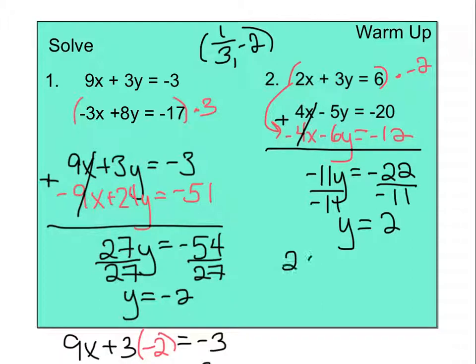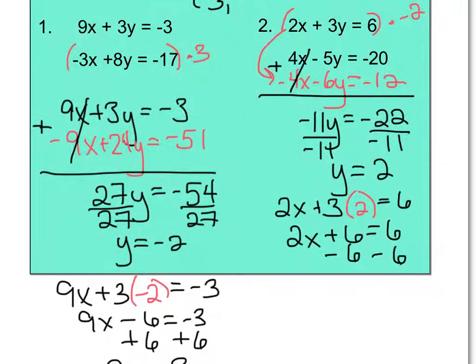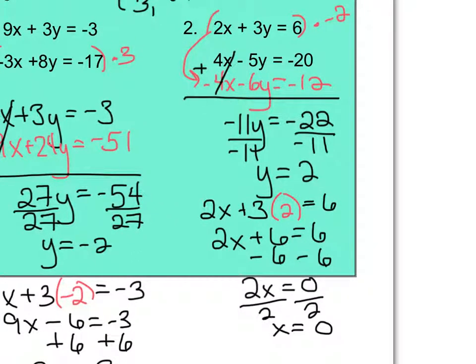So I have 2x plus 3 times y, which is 3 times 2, equals 6. So now it's 2x plus 6 equals 6. Subtract 6. So 2x is equal to 0. Divide by 2, which means x is still equal to 0. Remember, 0 is an answer. It is not no solution or infinitely many, as long as you have variables in the picture. So our answer is 0, 2.